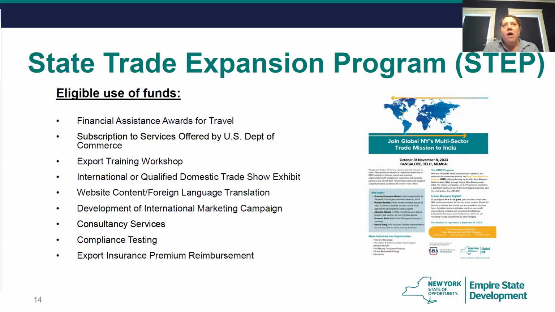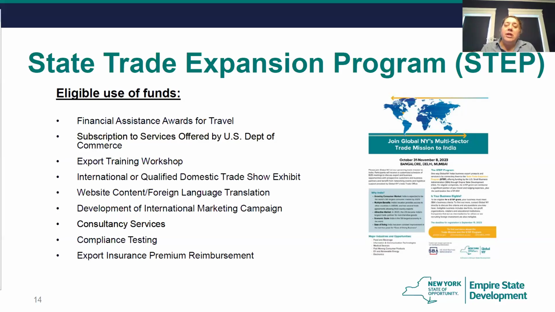Where we don't have officers in foreign markets, we also work with the U.S. Commercial Service. They provide a very similar service, commonly known as a gold key, and that is also available for companies who wish to travel into those markets to follow up on the reports that are provided through the U.S. Commercial Service. They also have to charge a fee for that service, and that fee is also reimbursable.